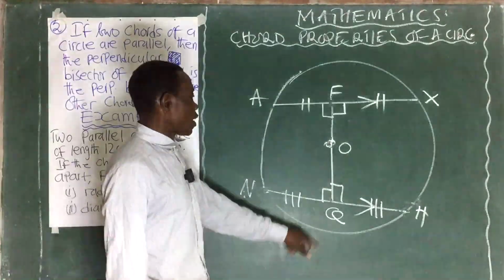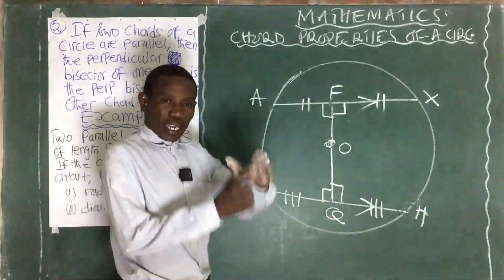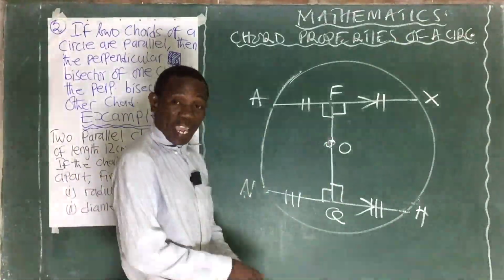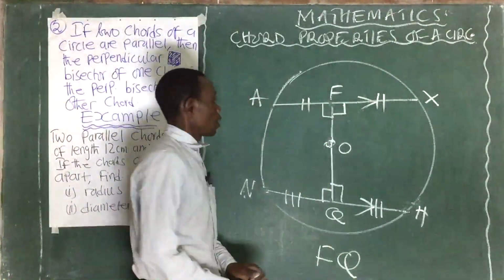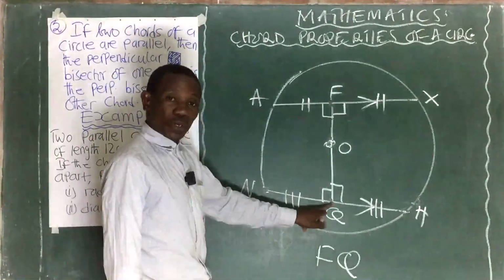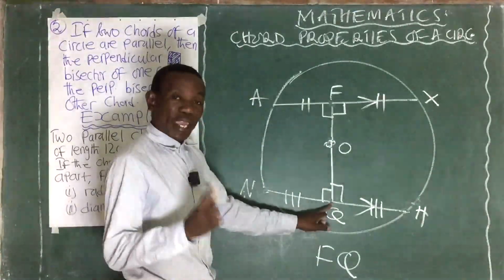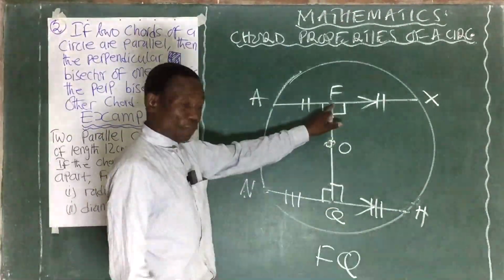Then we'll be able to deduce that lines OF and OQ can be joined to form one straight line, which is defined as line FQ.